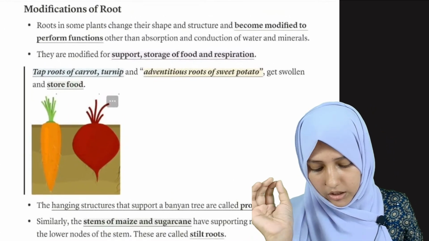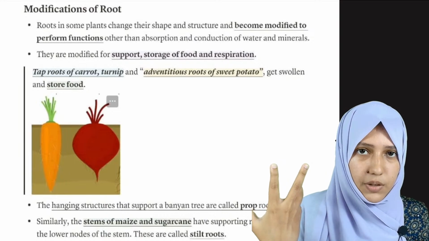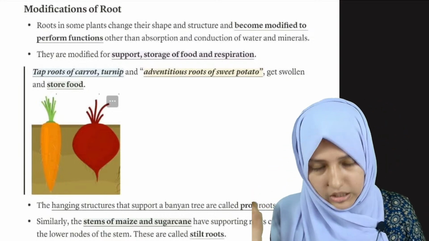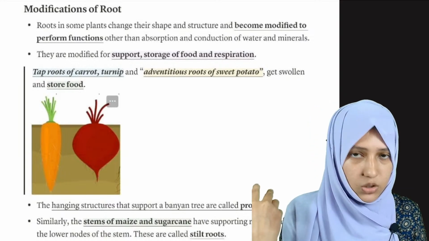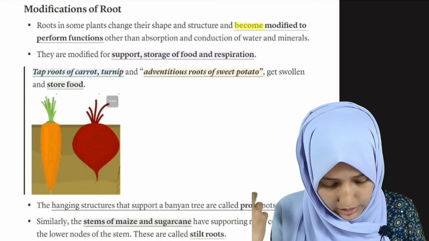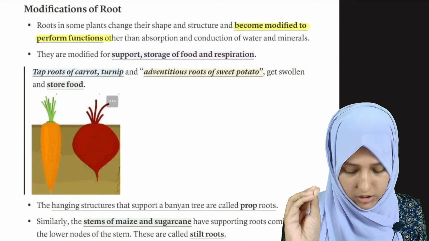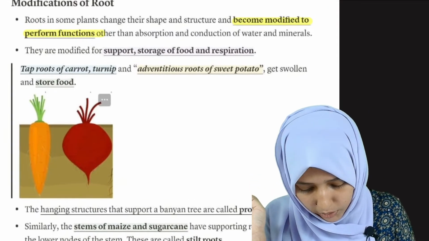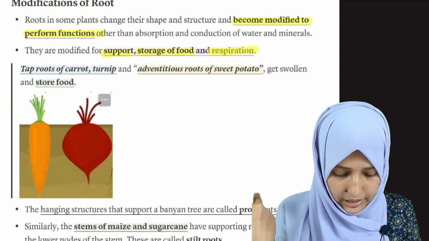So we'll be reading through that also. What are the normal functions of root? As we know, it's the absorption of water and minerals from the soil. And these roots will be modified to perform other functions also, which is known as modifications of root. Usually they are modified for support, storage of food and respiration.